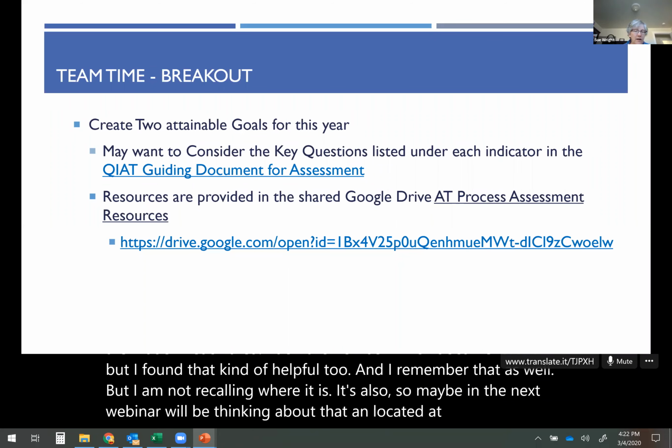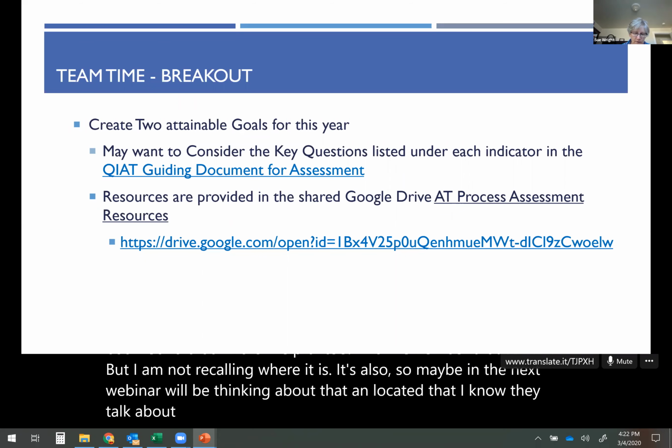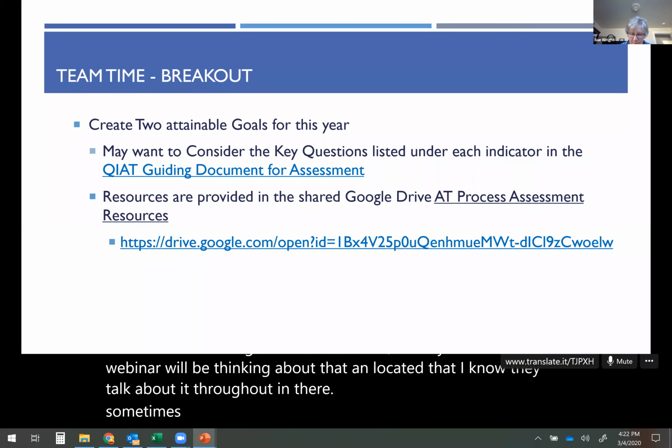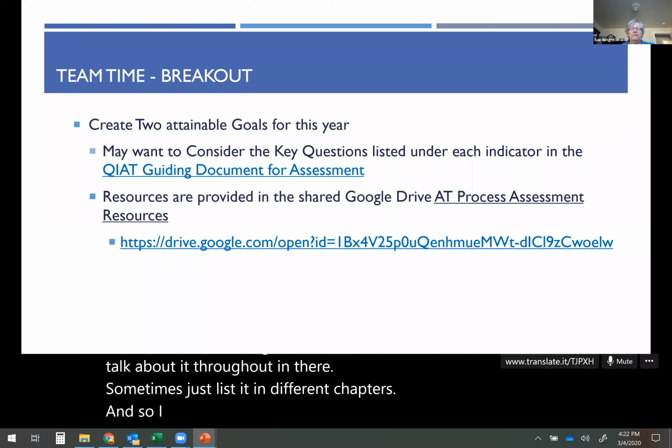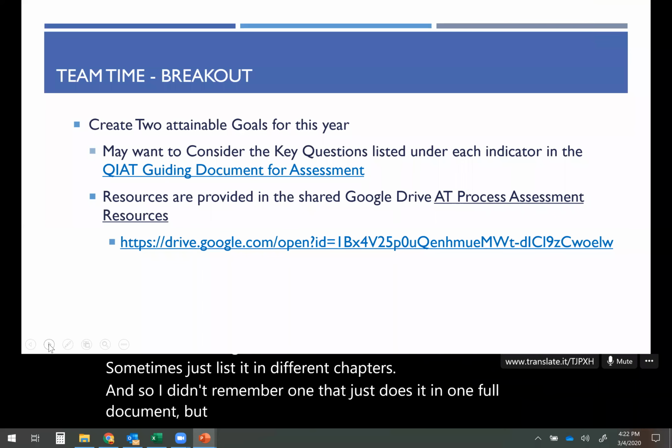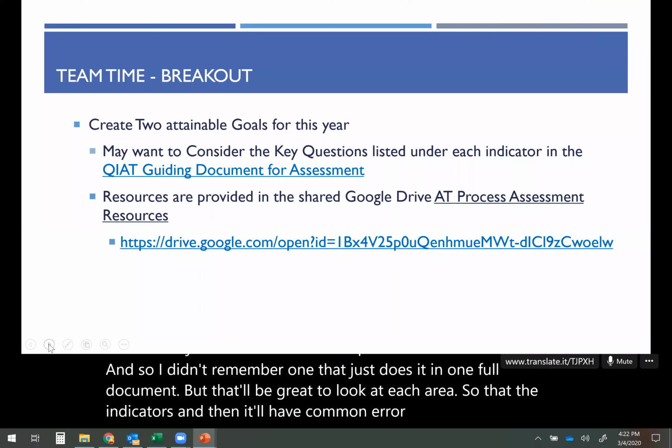I know they talk about it throughout, sometimes listing it in different chapters, and I didn't remember one that does it in one full document, but that'll be great. It's for each area, so it'll have the indicators and then common errors for that area. Right.